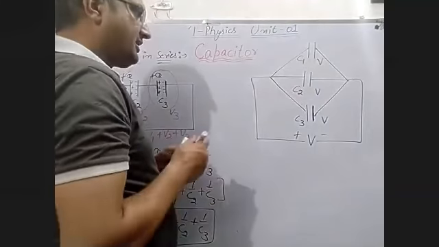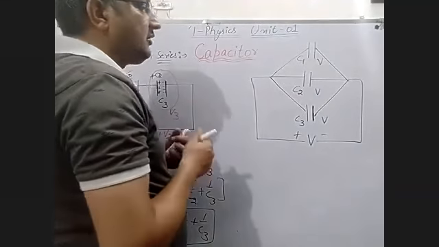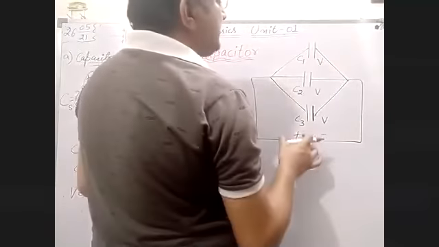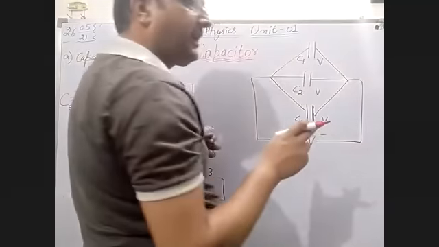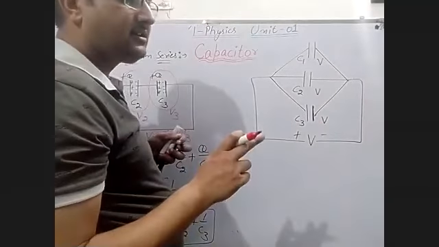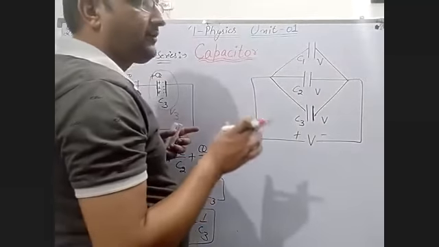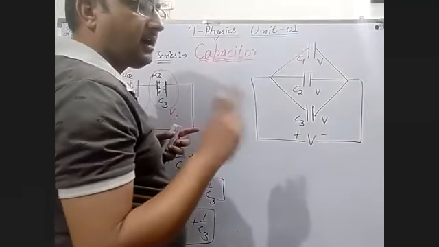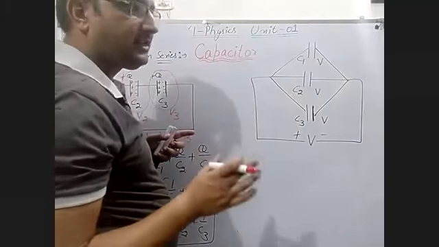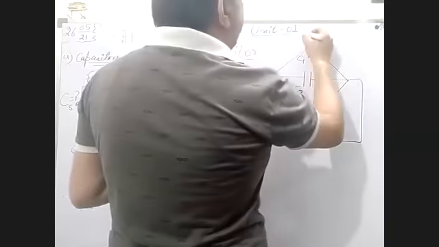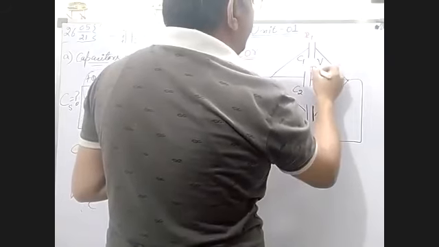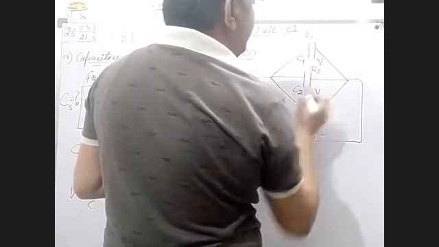But now the question is, what is the charge on these capacitors? Like the current in the resistor, where you take I1, I2, I3 currents, in this case you have to take charges Q1, Q2, and Q3.